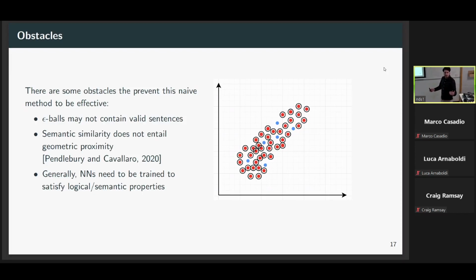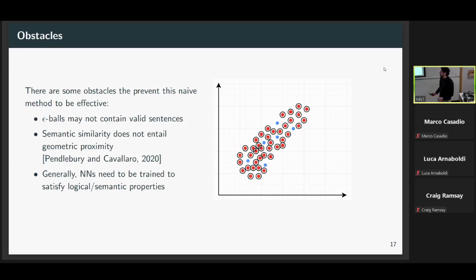Of course, you can change the size of epsilon to a big epsilon that contains everything. But let's say epsilon balls that are small enough to be verified don't contain many unseen inputs. So we think they are not the best to work with for NLP.